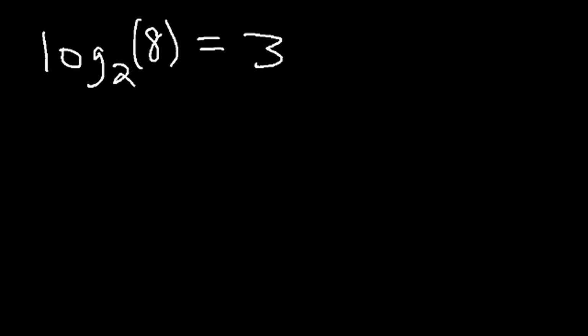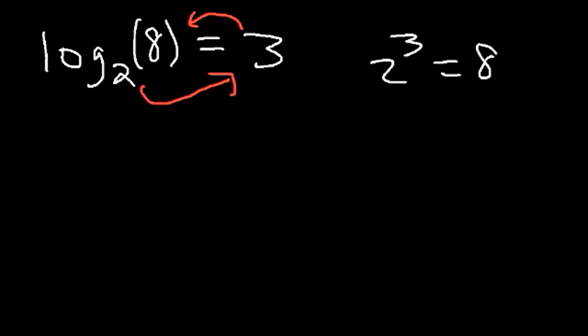Sometimes you need to change an expression from logarithmic form into exponential form. How can we do that? 2 to the third power is equal to 8. And that's how you can do it.